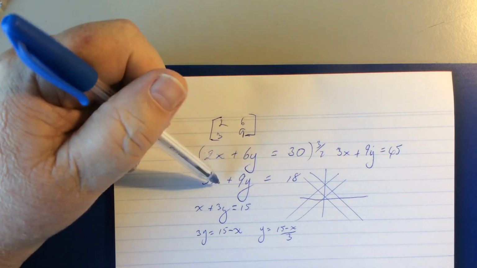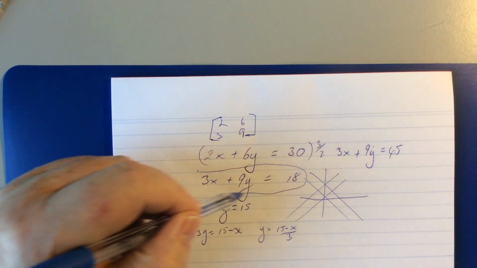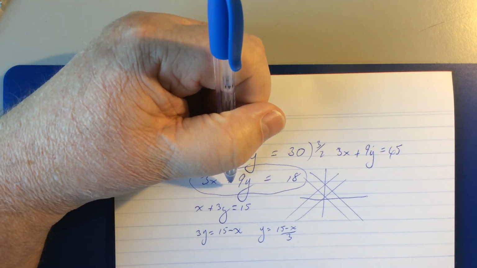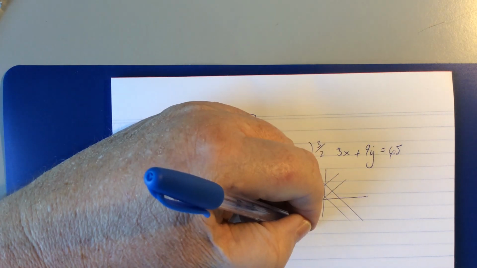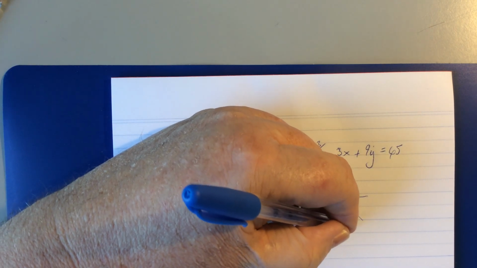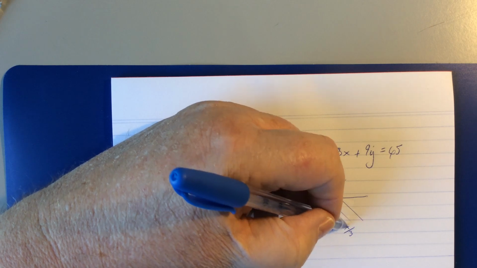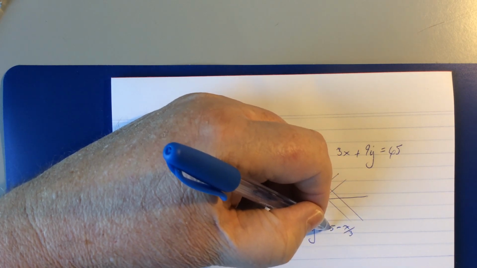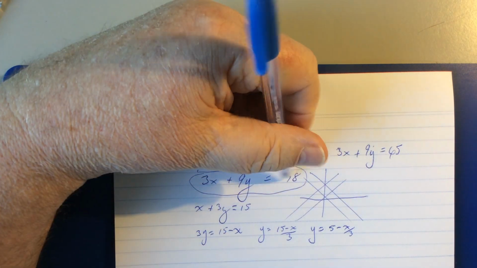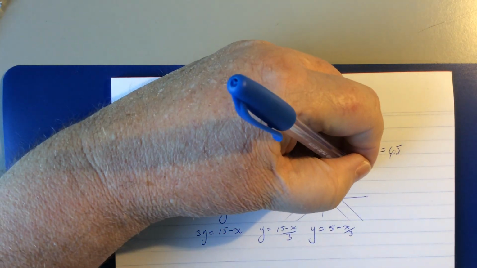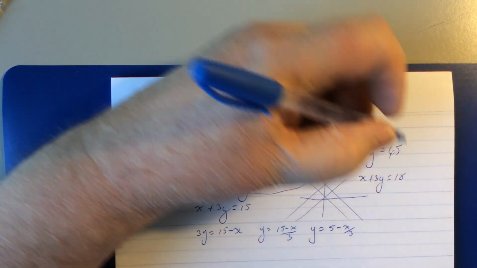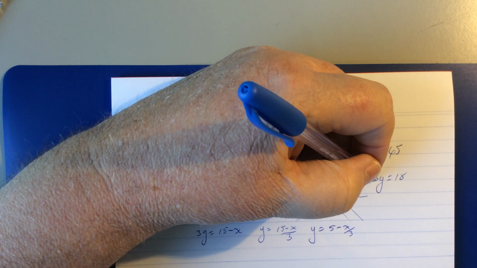Now, if we take this one, let's see what we get. Just a reminder, this was y equals 5 minus x over 3. Negative x over 3 is the gradient. 5 is the y-intercept. Let's take this one and divide this by 3. So we get x plus 3y equals 18. Very, very similar result.